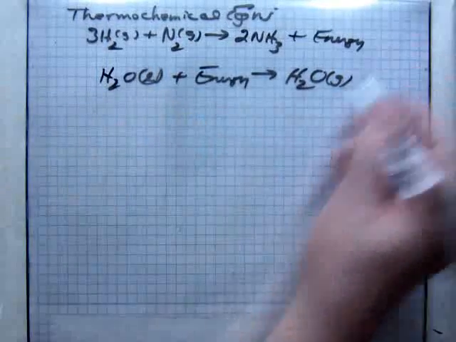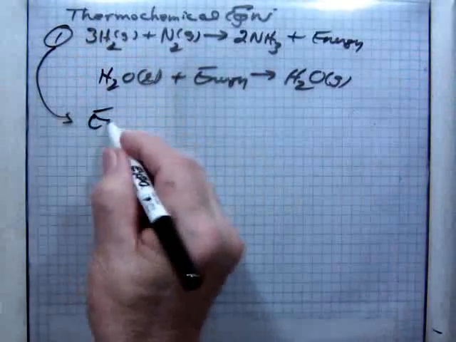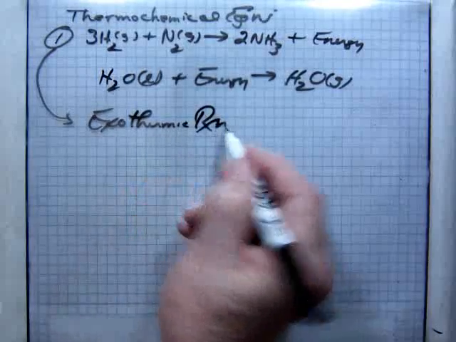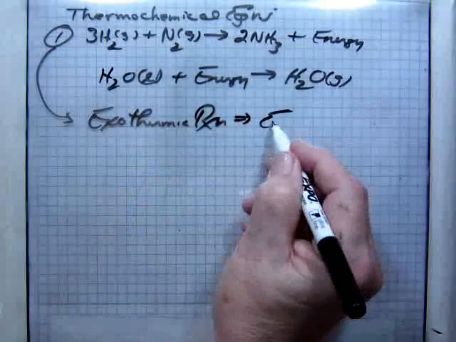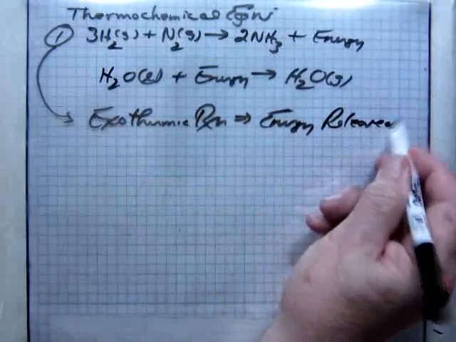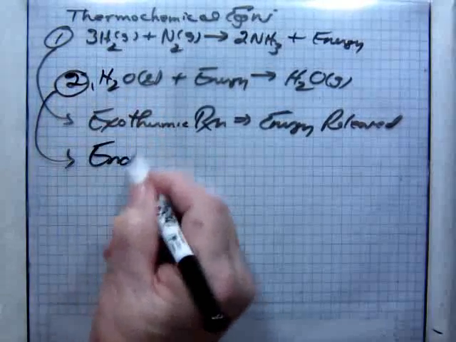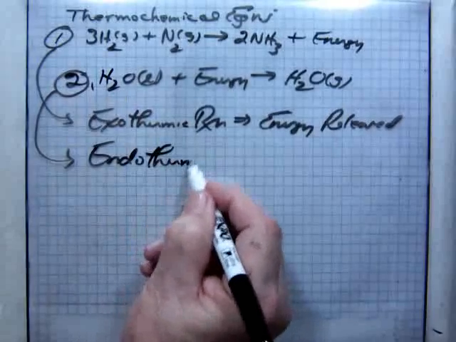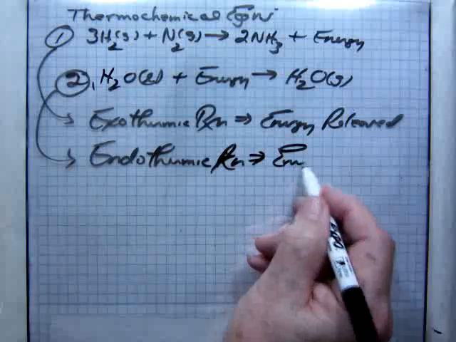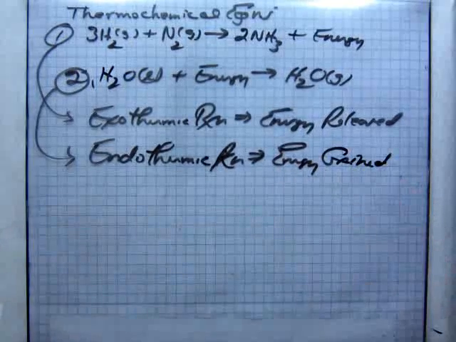So this one, number 1, is exothermic. Energy released. And number 2 is endothermic. Energy gained by the system.